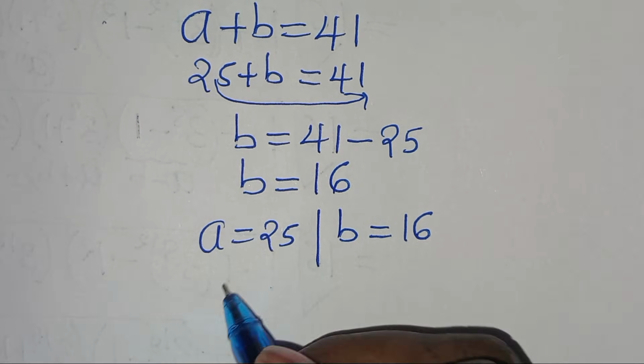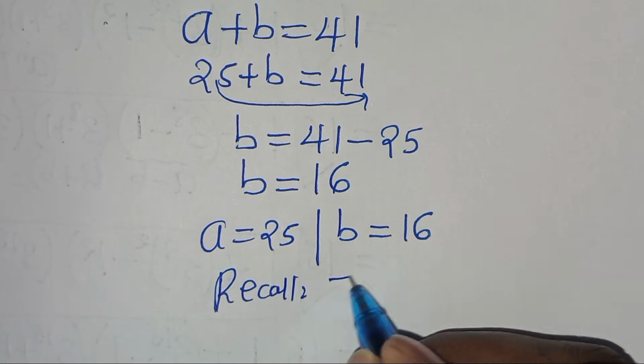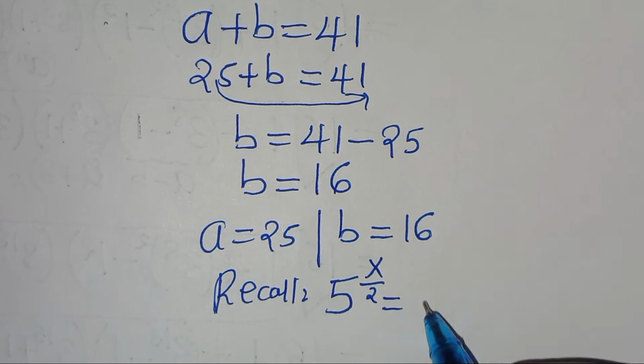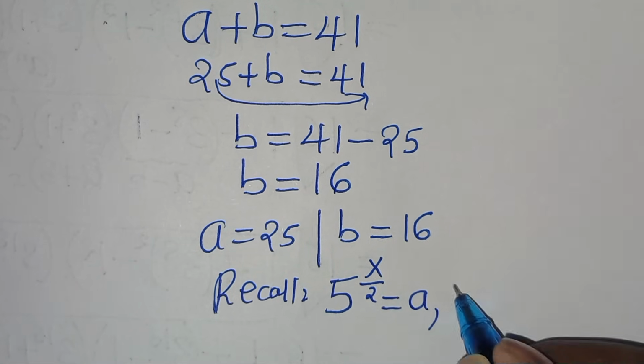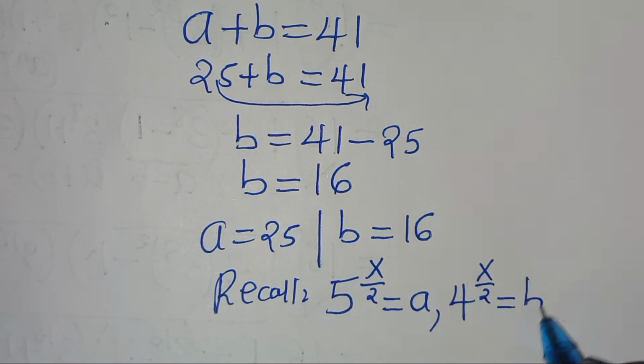Now, if you recall, we let 5 to the power of x over 2 be equal to a, and we let 4 to the power of x over 2 be equal to b.